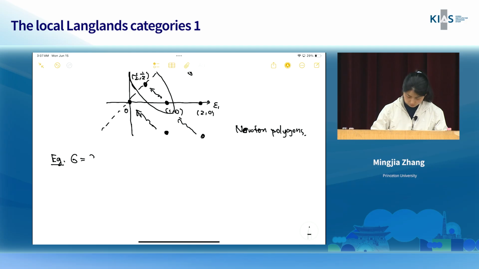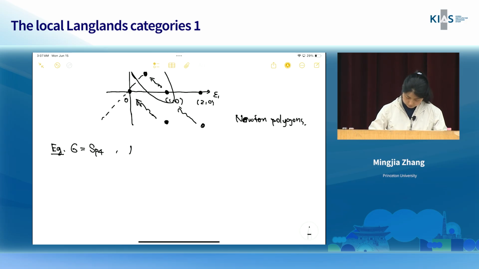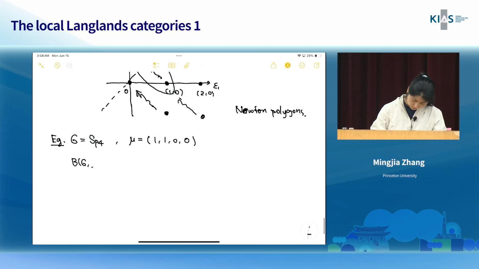Maybe I'll just draw one example. Our G is GSp4, and given some co-character, one can look at elements in the Kottwitz set that are bounded by this element. In terms of Newton polygons, you look at polygons with the starting and ending points given. In this case, the set has three elements: a mu-ordinary element, which specializes to an intermediate element, and then specializes to one basic element.